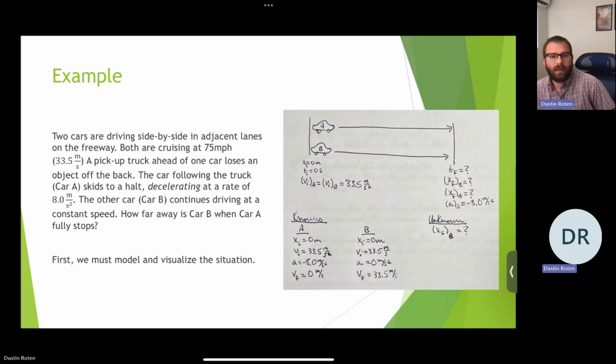A pickup truck ahead of one car loses an object off the back. The car following the truck, which is car A, skids to a halt. So we know there's some object here that's going to be in the way of the car, and then car A is going to skid to a halt. That means it's decelerating, which again means we have a negative acceleration.